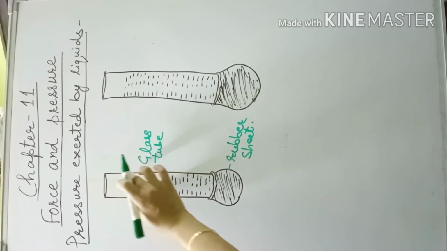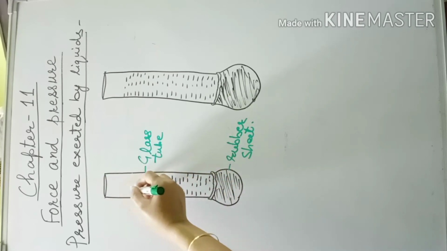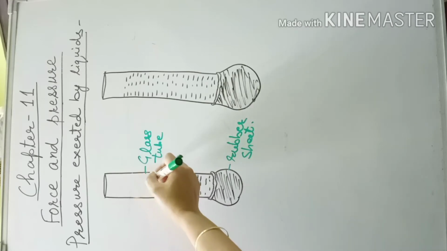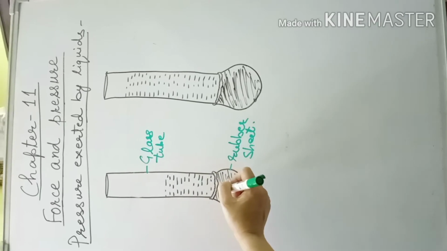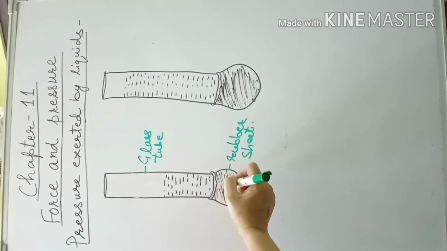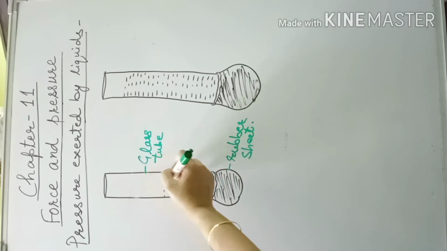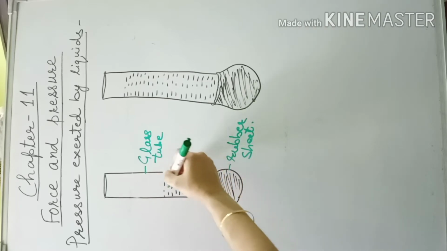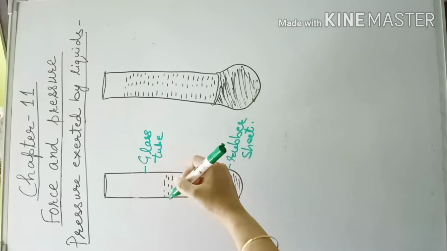Now hold the pipe at the middle, keeping it in a vertical position. Now pour some water in the pipe and observe, does the rubber sheet bulge out? And note down the height of the water column in the pipe. So this is the height of the water column.